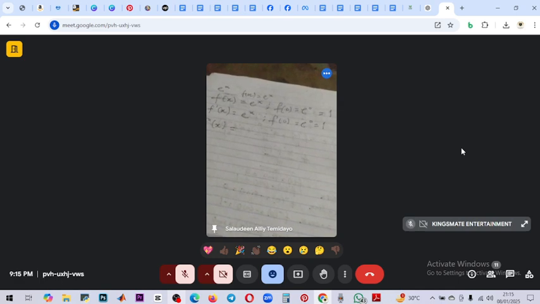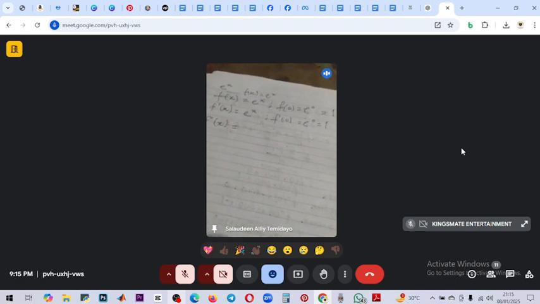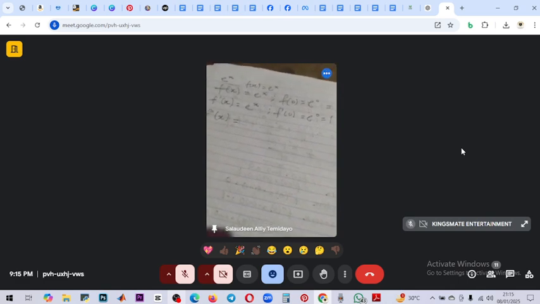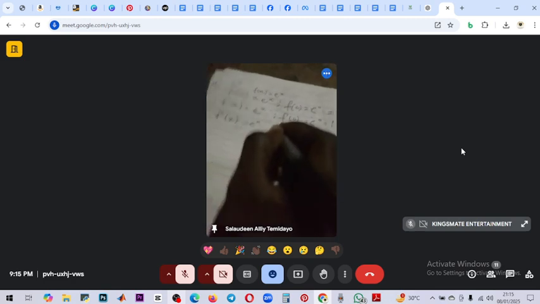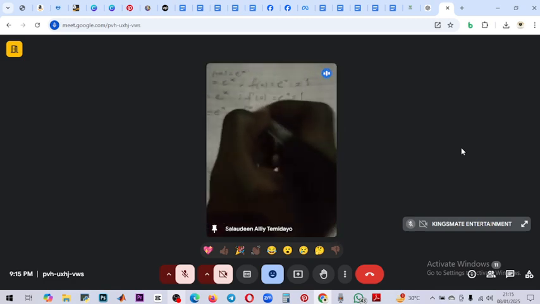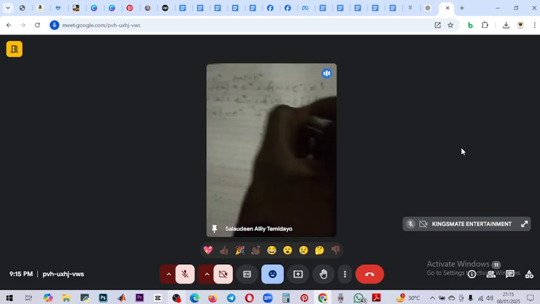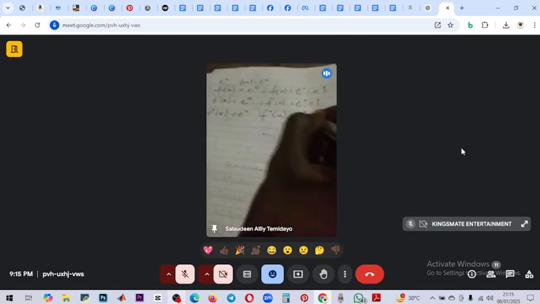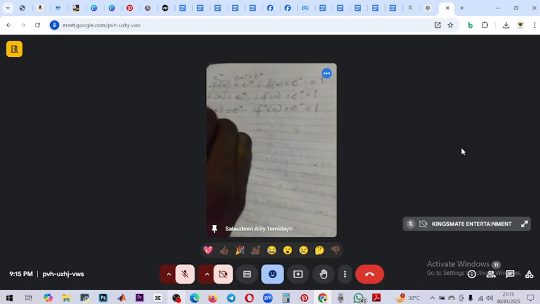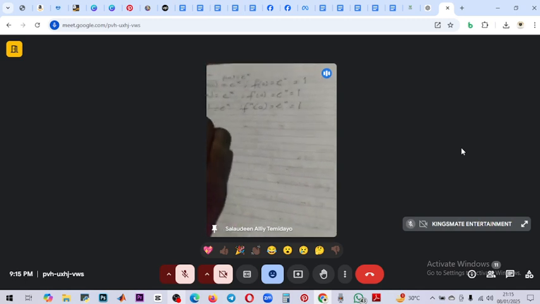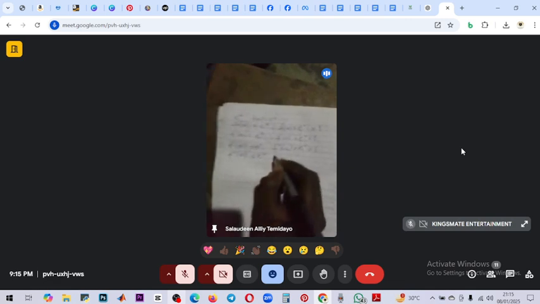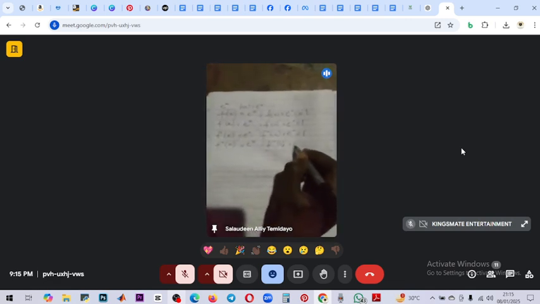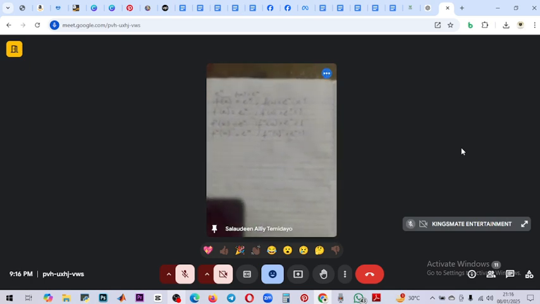It is too noble, like the noble gases, unreactive element of the periodic table. So e raised to power x is still the derivative here, and f double prime of 0 will still be e raised to power 0, 1. I beg, I'm tired. If we keep putting it that way, f triple prime of x is still e raised to power x. So f triple prime of 0 is still e raised to power 0 and it's still 1.